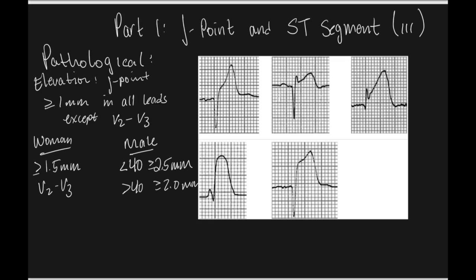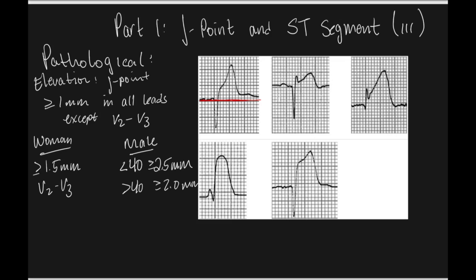So if we go over to the example on the left, here we have our baseline on the right. And where's our J point? Take a moment, pick out the J point.